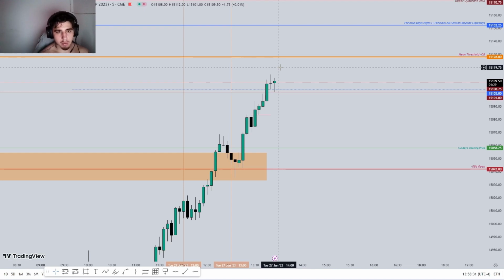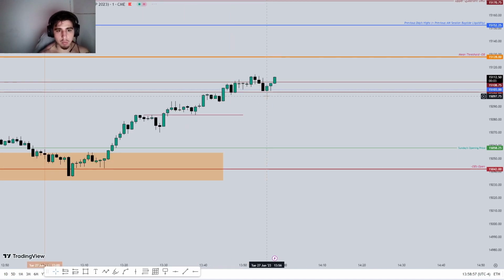So right now I would want to see price above that high, and as we've come back into this fair value gap and into the fair value gap low on a 15-minute chart, then right now I would want to see price higher with speed, leaving a gap here on a 5-minute chart into this mean threshold and ultimately into this previous day's highs, because we had very small ranges.